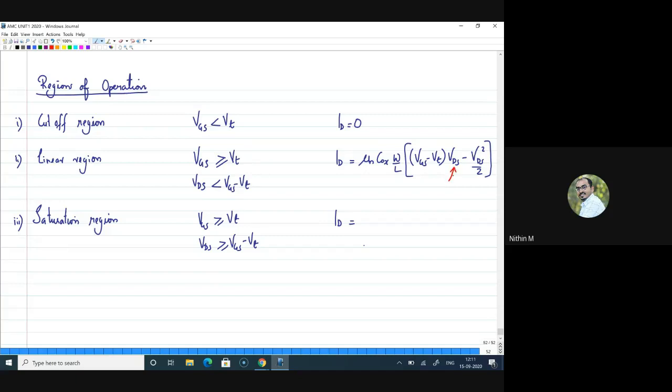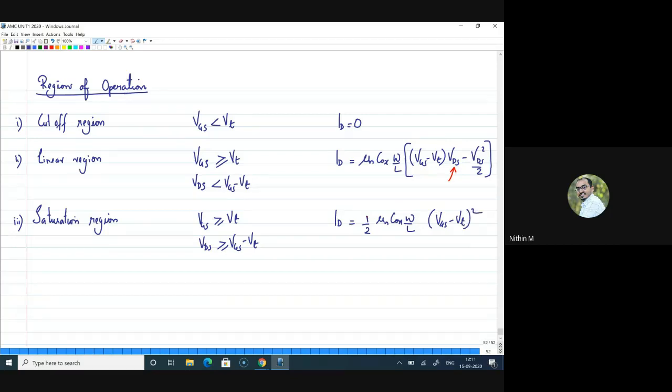If you substitute VDS as VGS minus VT, because the condition is VDS can be equal or greater, if I put the equality condition to the VDS here, you will end up in a relation that says it is half mu n Cox W by L VGS minus VT the whole square.